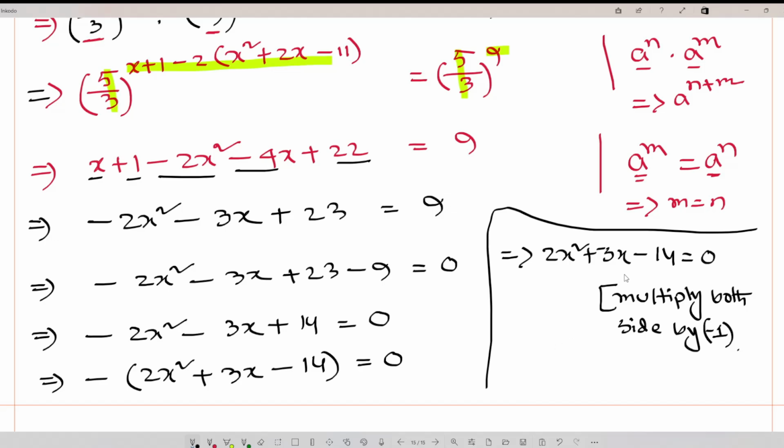Now we will try to find the value of x, and here we can follow two methods. One, middle term factorization, and second, the quadratic general formula.